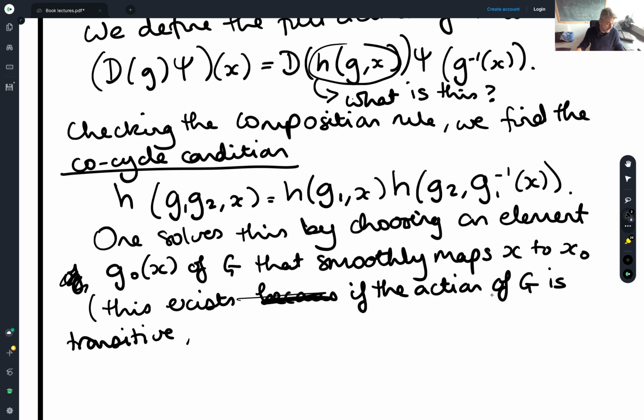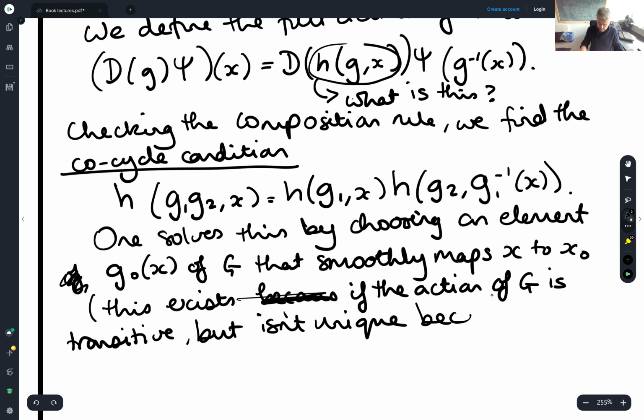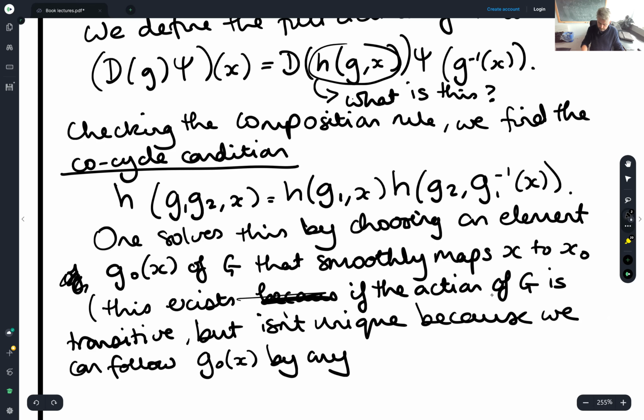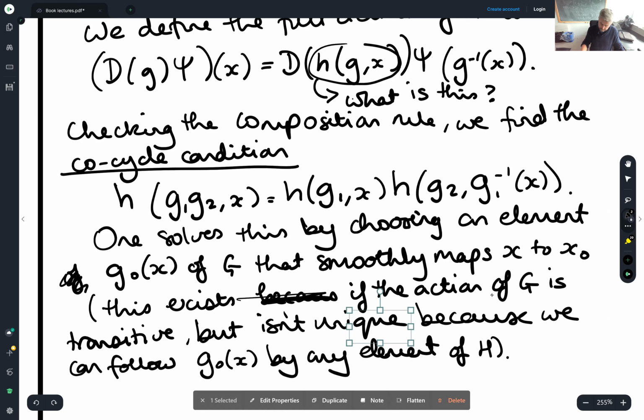But it isn't unique because we can follow any g0 of x by an element of H, and the argument remains the same. So we put that g0 of x0 is the identity element.